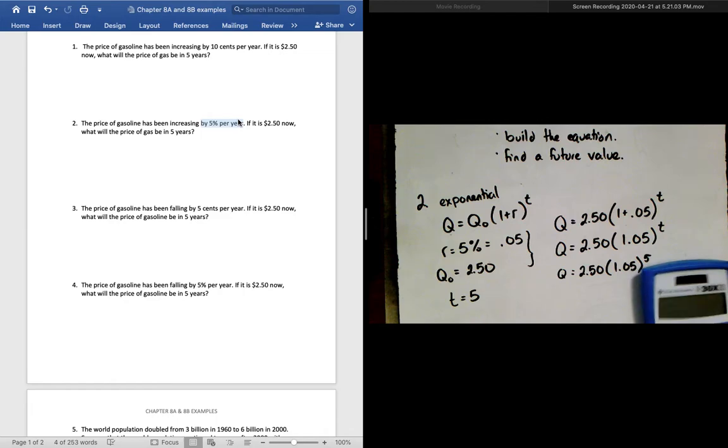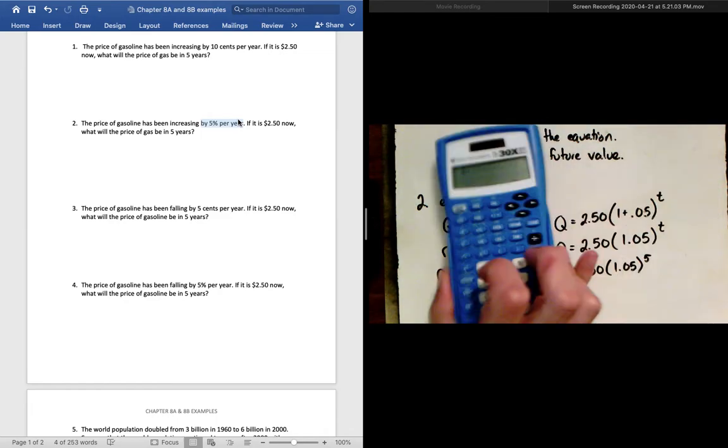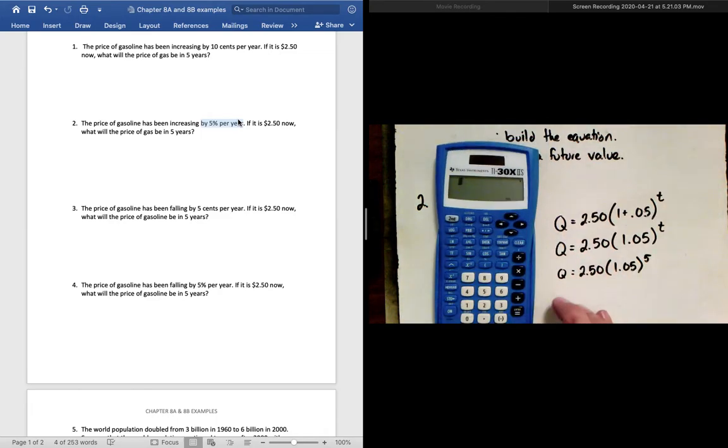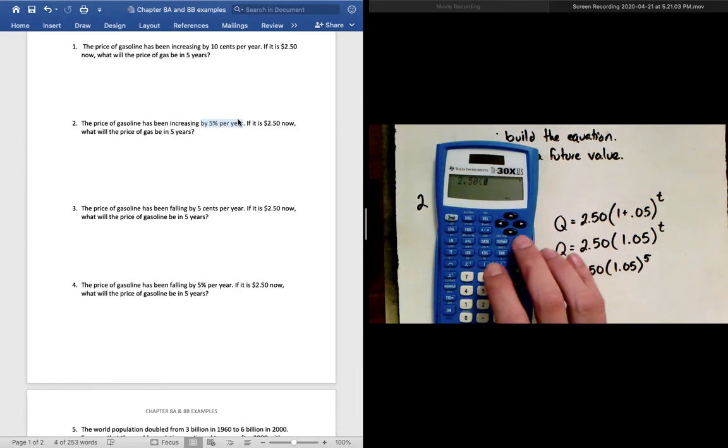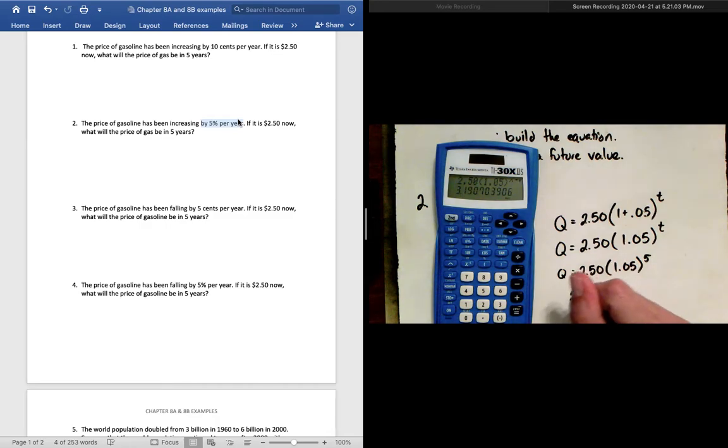So in our calculator, we'll go 2.50 parentheses 1.05 close, and we'll raise it to the 5th power. And we should round to the nearest cent. And so we'll say in this one, gas price we should expect to be $3.19.